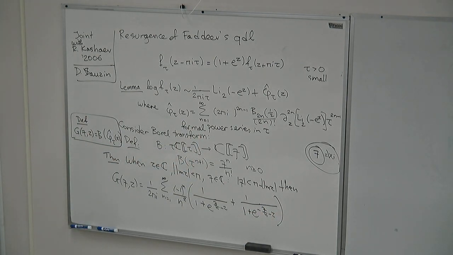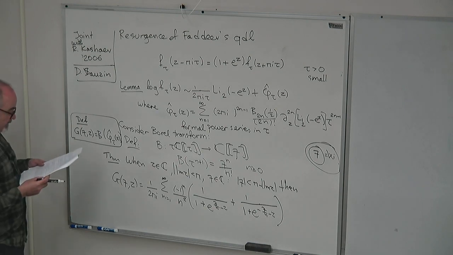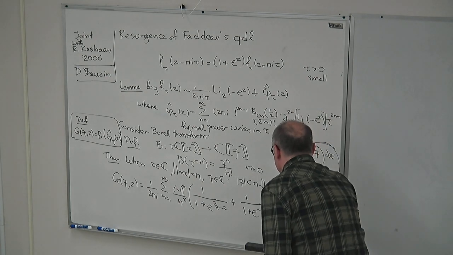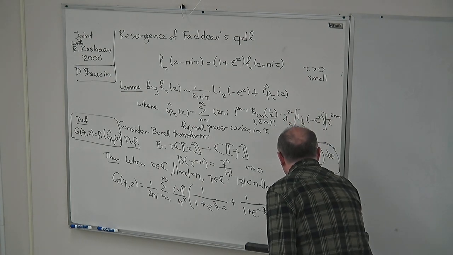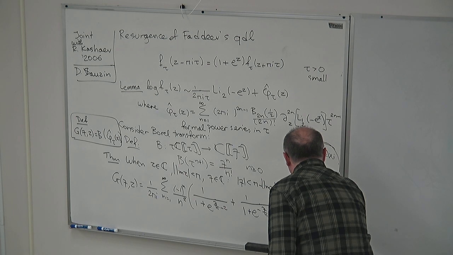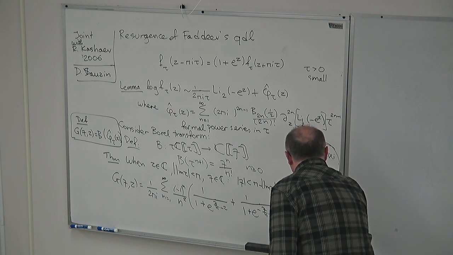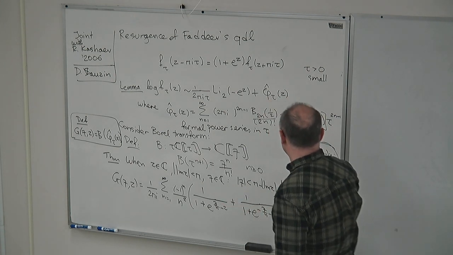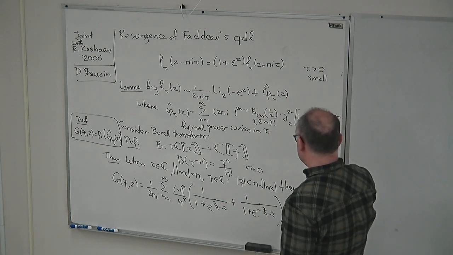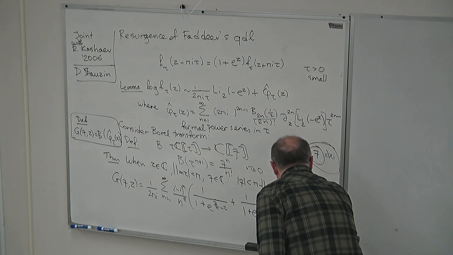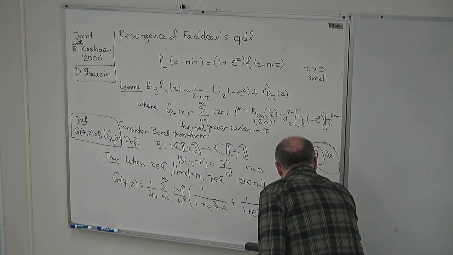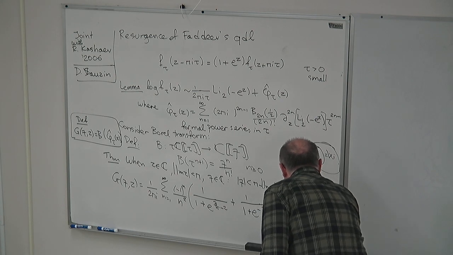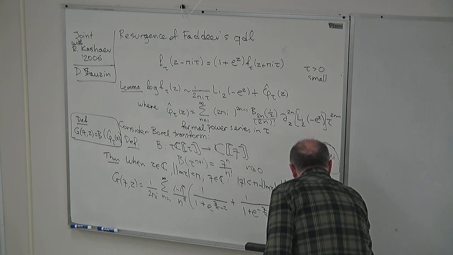Okay, that's a formula. A formula for what? In particular, the right hand side is absolutely convergent as a function of xi around 0, with radius of convergence exactly pi minus the imaginary part of z.